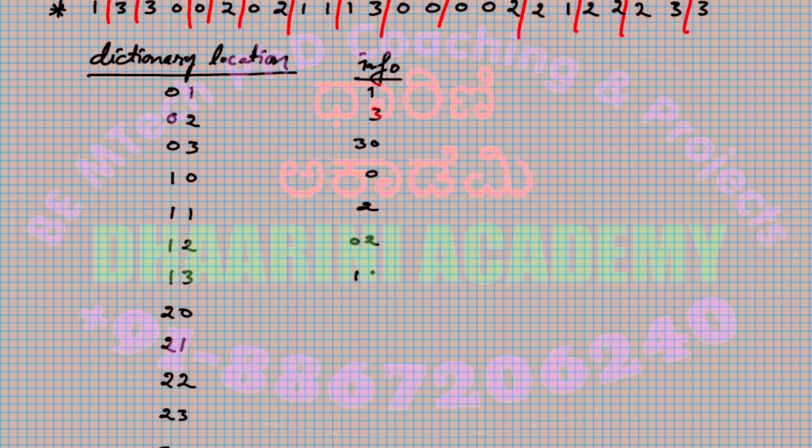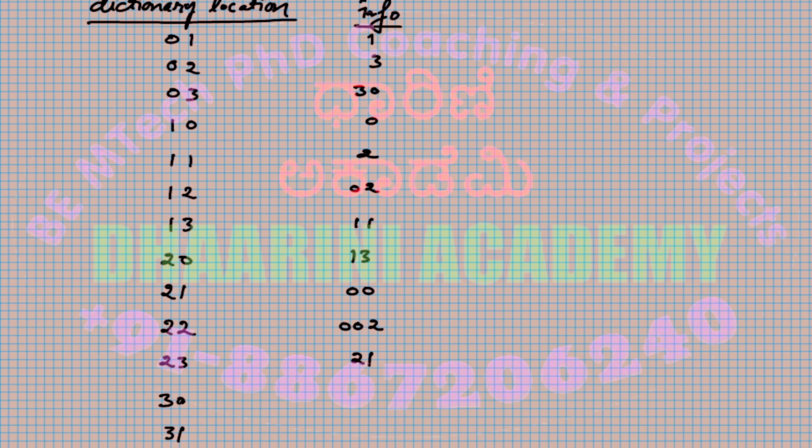Then next one is 1, 1. Then we have 1, 3. This is 0, 0. Then we have 0, correct. 0, 0, 2. This is 2, 1. This is 2, 2, 2, 3.